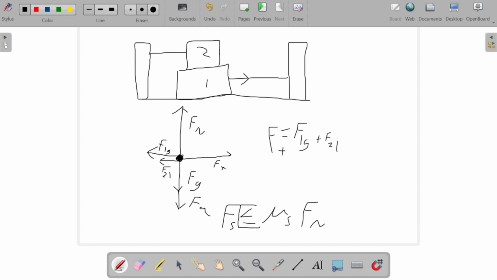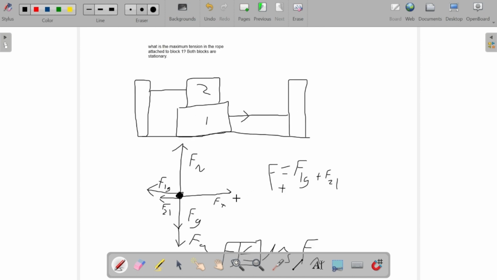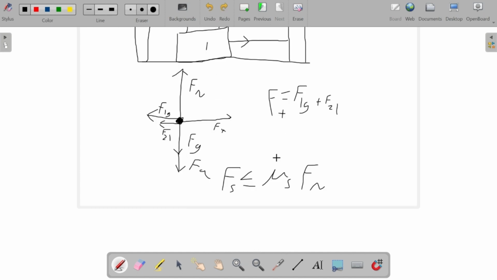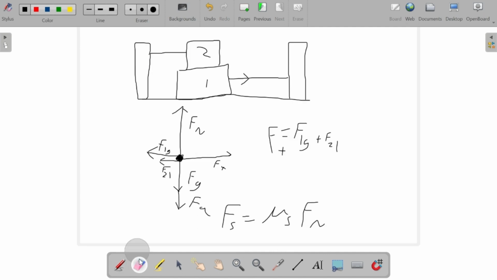And it's important to note this less than or equal to sign. That's why this question specifies maximum tension. That way we can just say it's equal to mu s times Fn, because this is the limit of what it can be. And therefore that's the max. So F1g should be the normal force experienced by block 1 times its coefficient of friction.